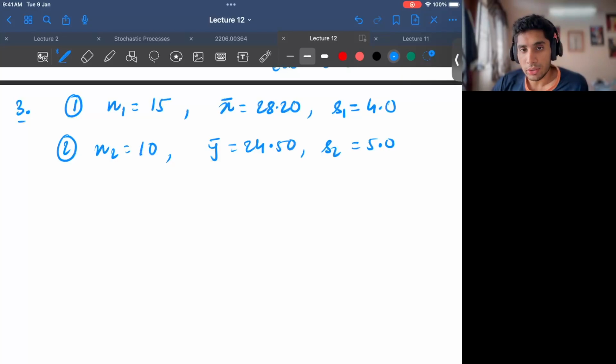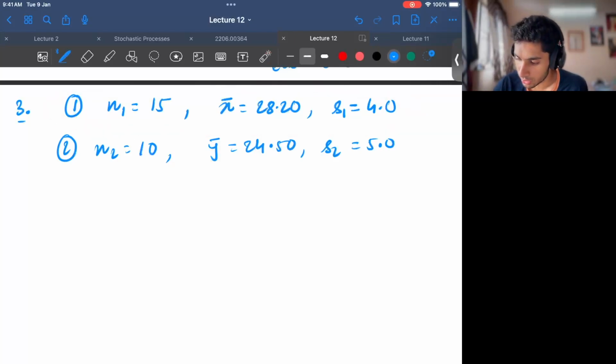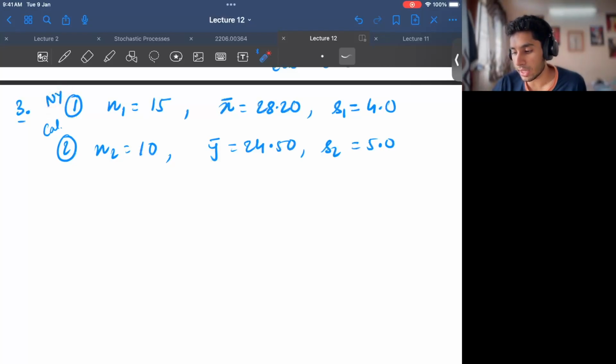Now suppose we want to test whether the mean time spent watching television by children in New York State is greater than that for children in California. This is the New York data, and this is your California data. You want to conclude if the children in New York spend more time in front of television compared to California.